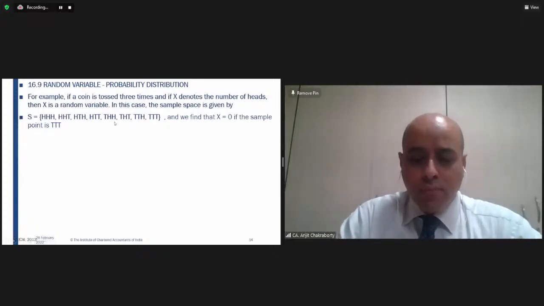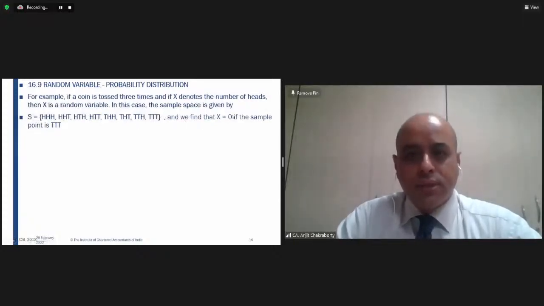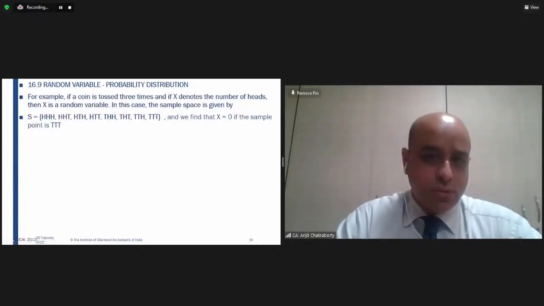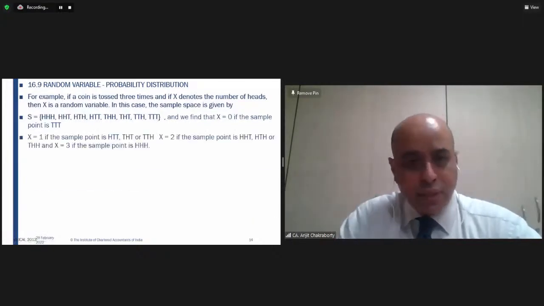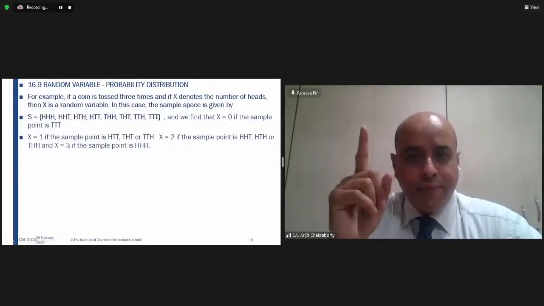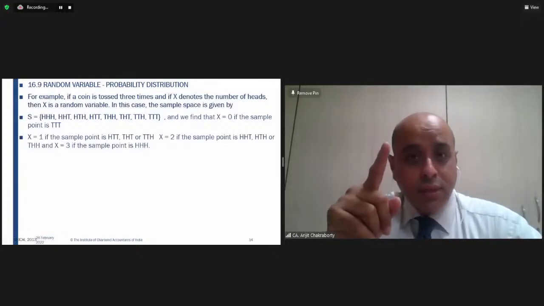And from here, if I say what is the probability that X is equal to 0, that means number of heads is 0. Please note, there is only one situation when X is equal to 0. The value of X is 0 only when we are getting tail, tail and tail. If X is equal to 1, then what does it mean? It means the probability of getting 1 head. 1 head means how many tails?